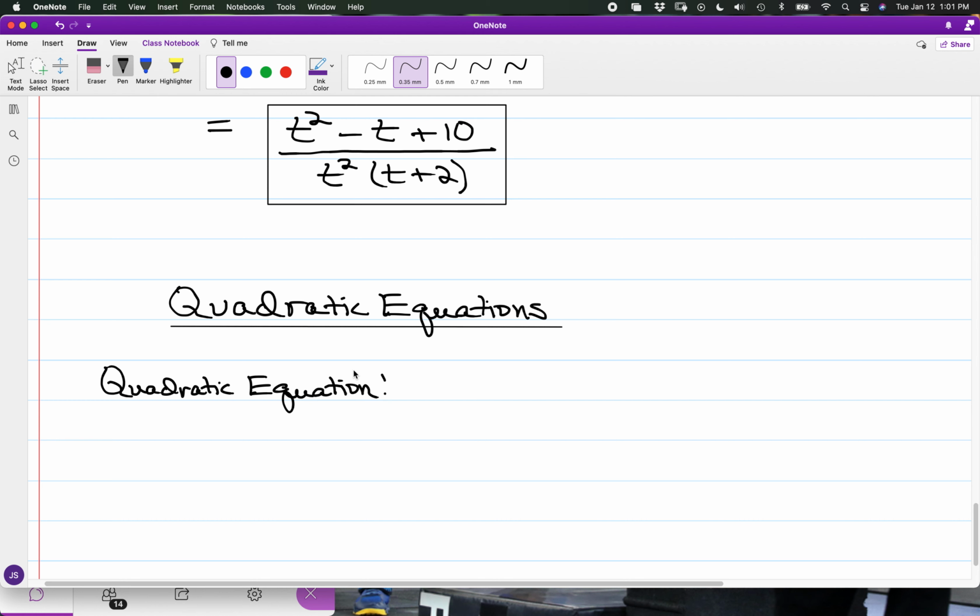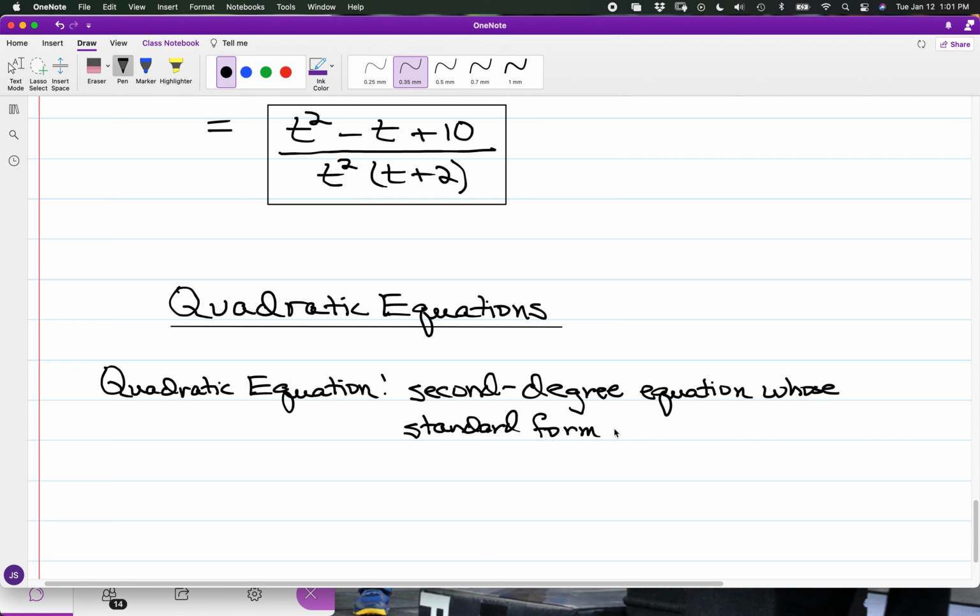Okay, so for a quadratic equation, by definition, we have a second degree equation whose standard form is going to be ax squared plus bx plus c is equal to 0.